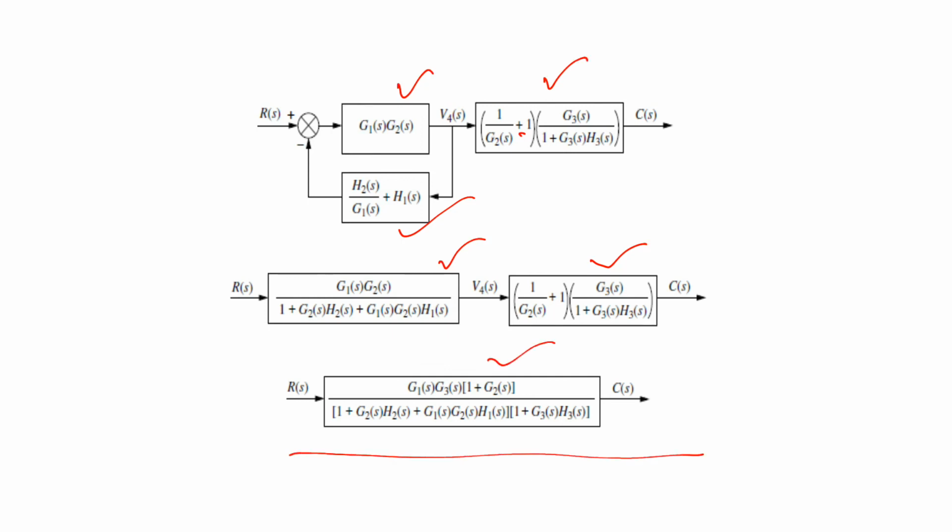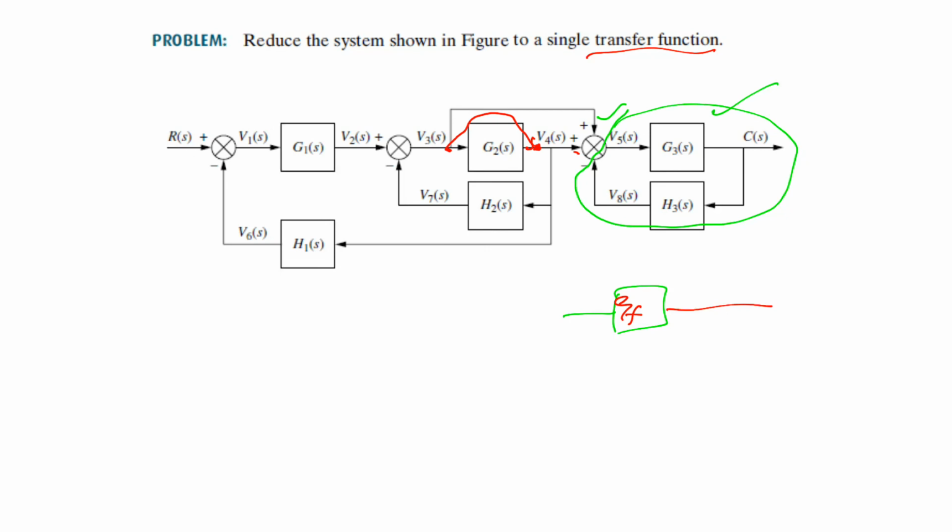So in this way we calculated the transfer function of the whole system. That is, first we convert this feedback form. After that we see that if we take this takeoff point to do this, then we can add these things. It is a parallel form.